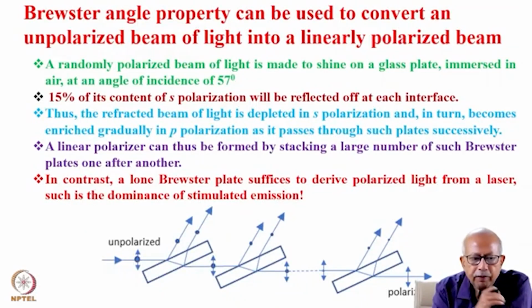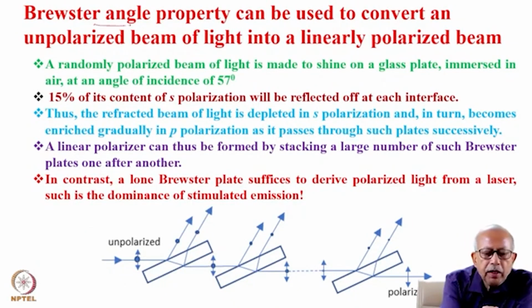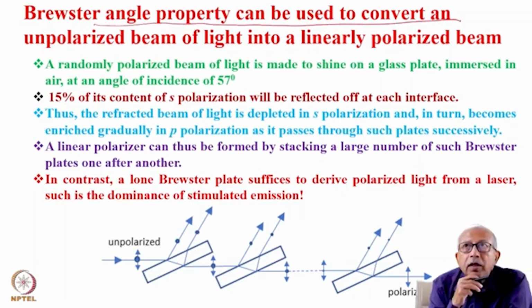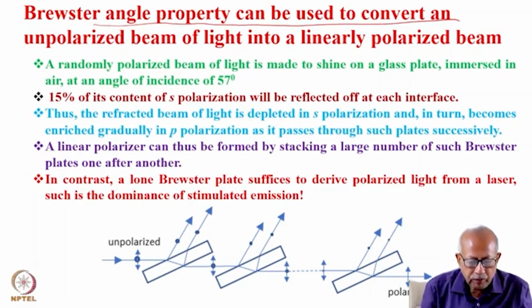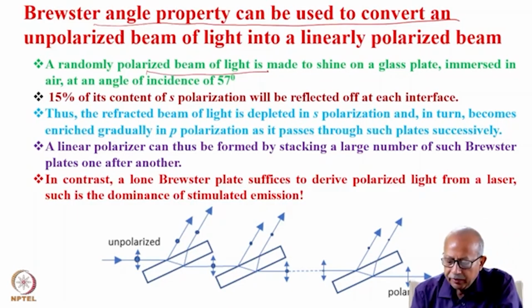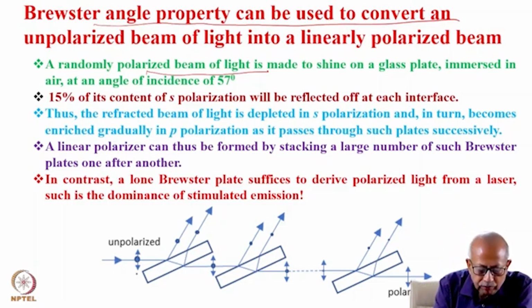Now let us see how this Brewster angle property can be used to convert an unpolarized beam of light into a linearly polarized beam. We first have a randomly polarized light, which we take to a Brewster plate.